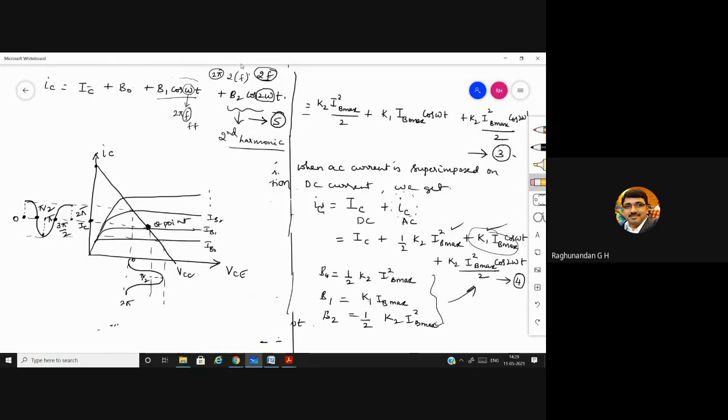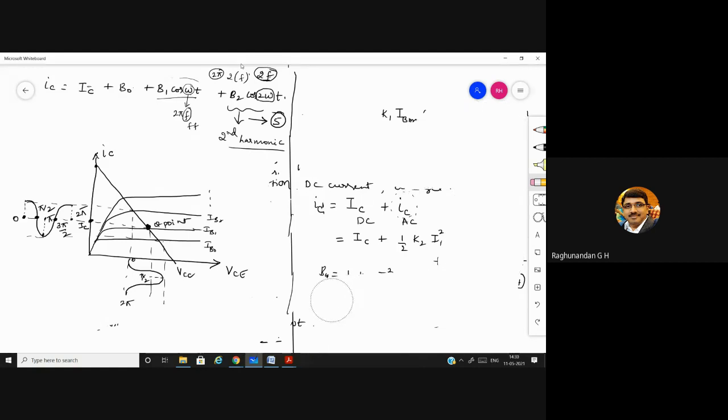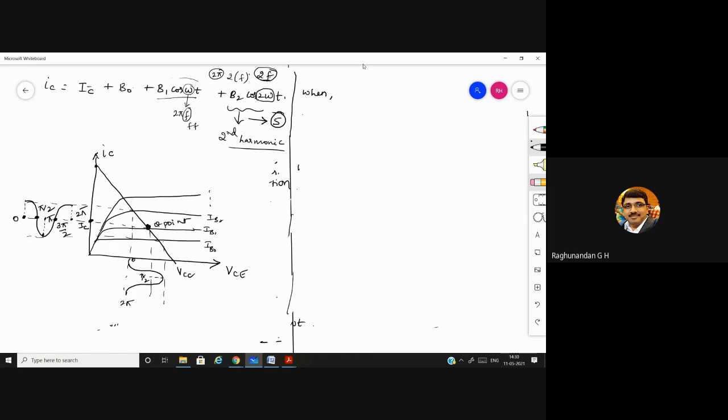After this, we have to look into the VI characteristics graph and plot. We have to substitute the values. You know that omega t and theta are both the same, right?